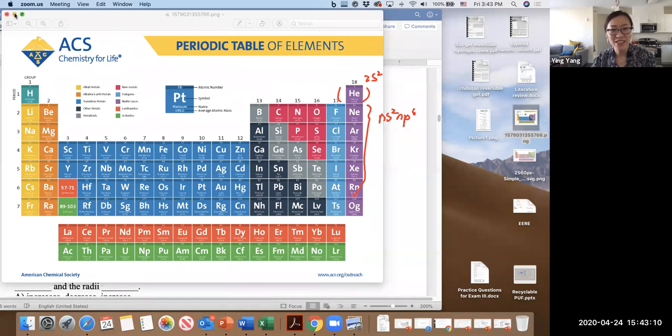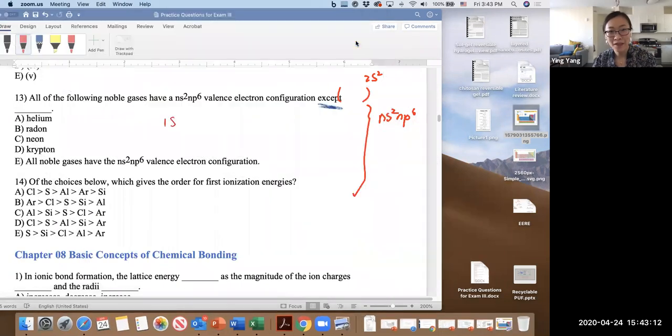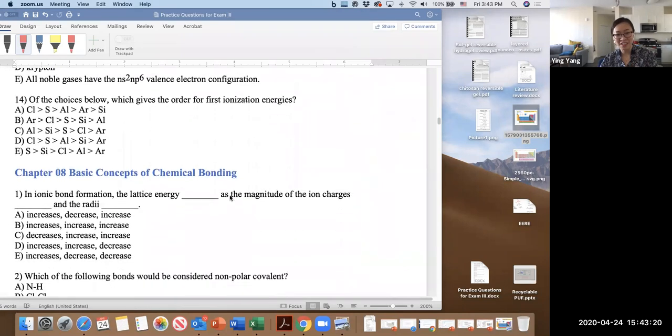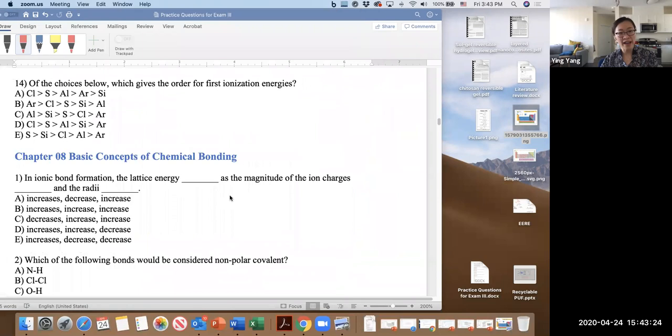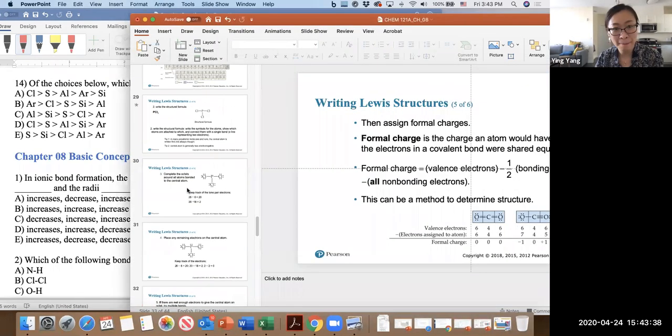All right, now the last question. Of the choices below, which gives the order for first ionization energies? Oh, ionization energy again. I'll let you try out this question and see if you can get it right. Let me pull up this table here so you can see it.